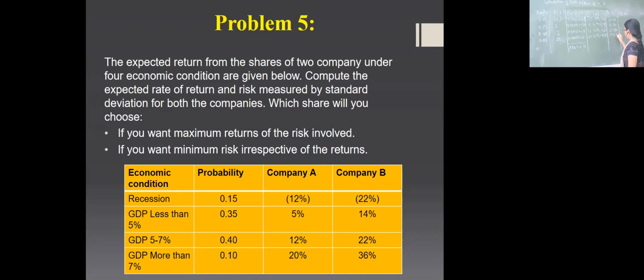Multiply with probability now. 27.56 into 0.15 is 4.134. Ma'am, RI minus ER, it's minus 12 minus 6.75, so it should be minus 18.75.